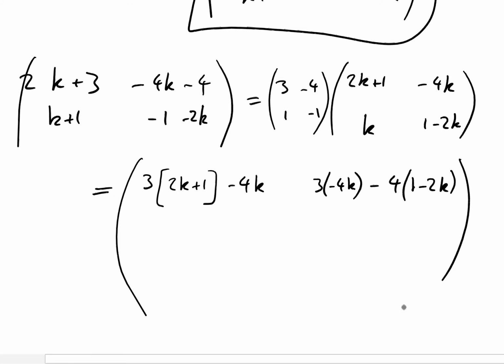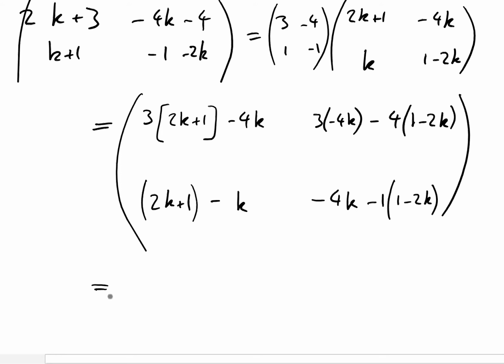Okay, and then in this element down here, we've got 1 times this thing, which is 2k plus 1, minus 1 times this thing, minus k. And then we've got 1 times this thing, which is minus 4k, minus 1 times this thing, 1 minus 2k. Okay, and then we just work this out. Hopefully it works out okay.